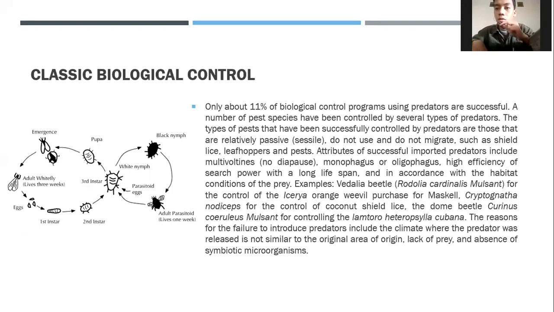Attributes of a successful imported predator include multivoltine, no diapause, monophagous or oligophagous, high efficiency of search power with a long lifespan, and in accordance with the habitat condition of the prey.